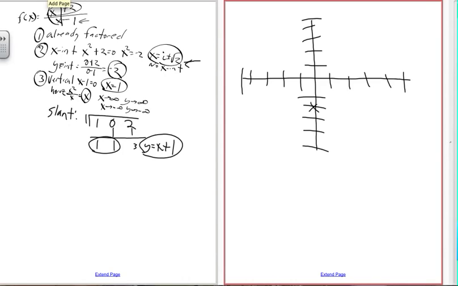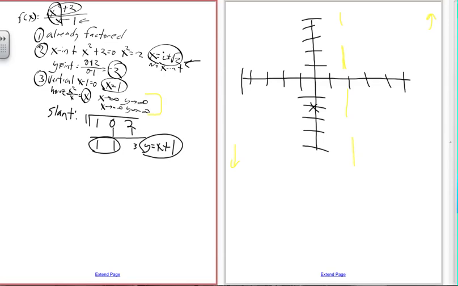All right, we've got a vertical asymptote at x equals 1. In end behavior, we know we're going to be going up out here and down out here.